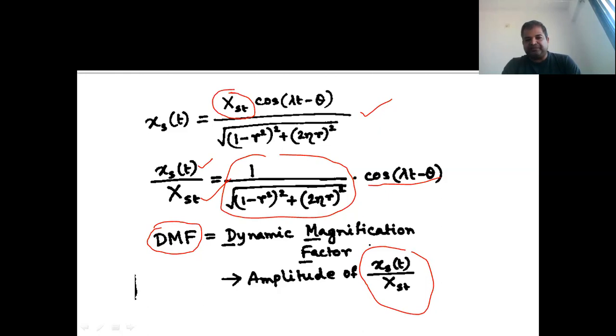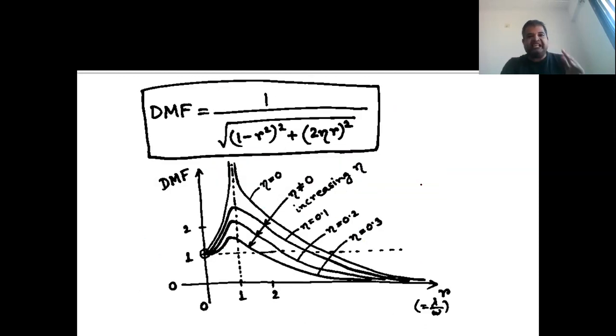So my DMF in this case is the amplitude of the cosine term, which is 1 upon the square root of 1 minus r square whole square plus 2 eta r whole square.